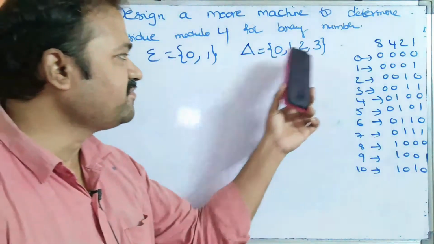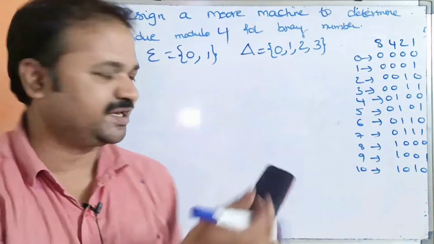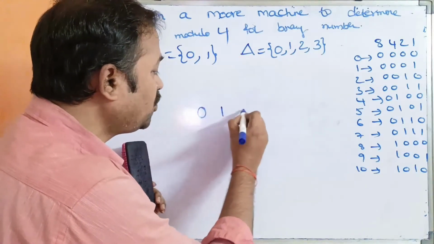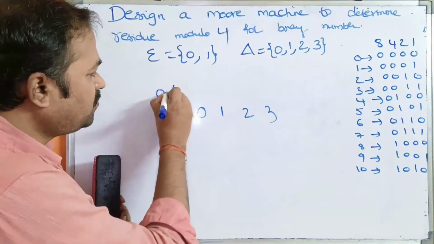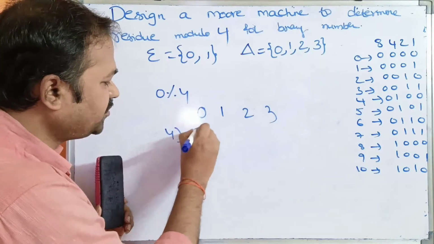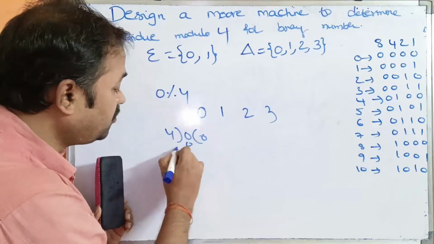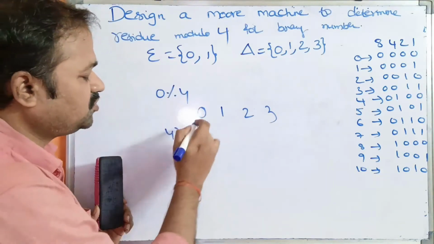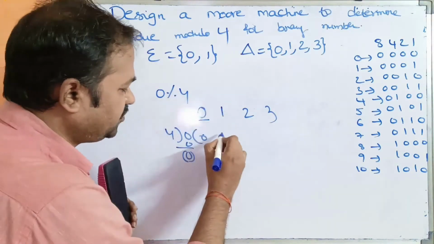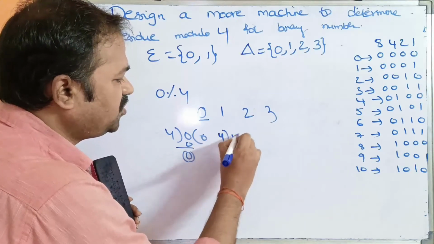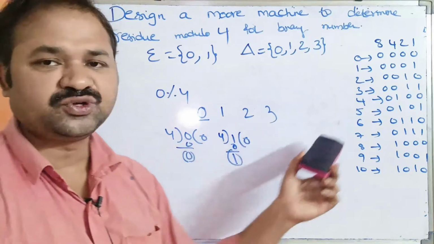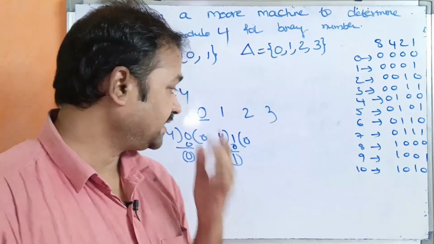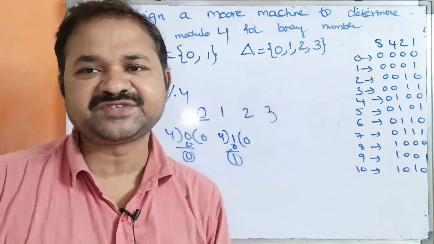Why? Because maximum we will get these 4 remainders only. Let us consider 0, 1, 2, 3. 0 modulo 4 means 0. Likewise 1 modulo 4 means 1, 2 modulo 4 means 2, 3 modulo 4 means 3. So maximum we will get these 4 digits only.